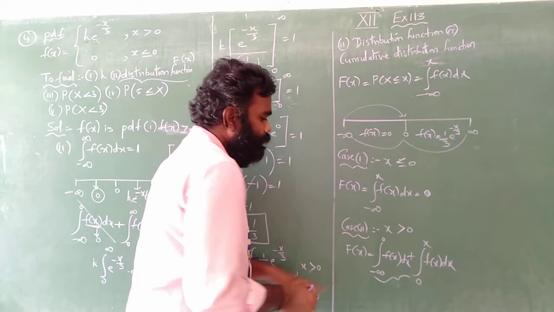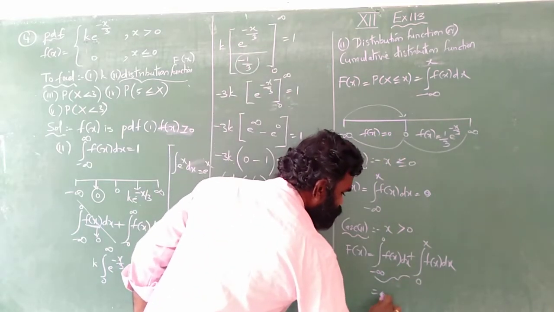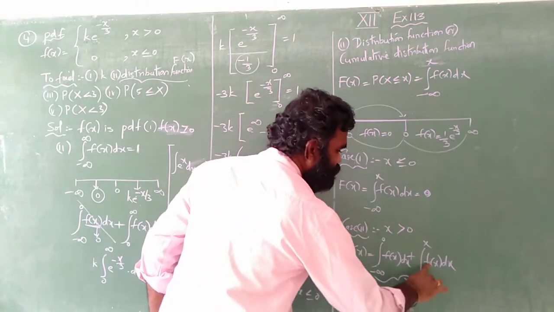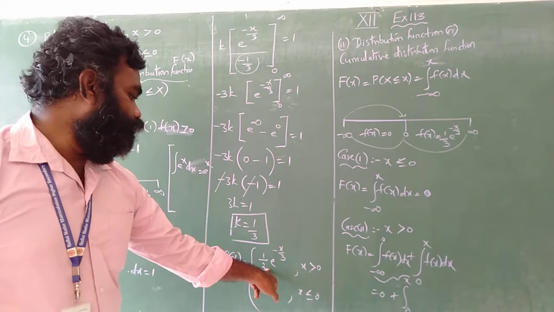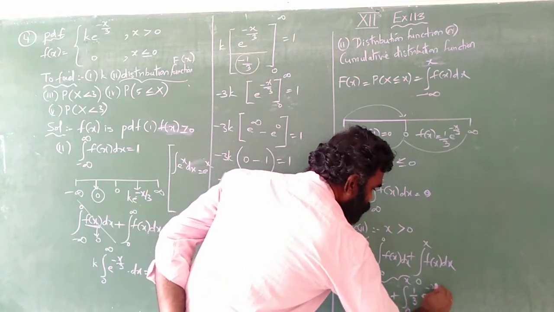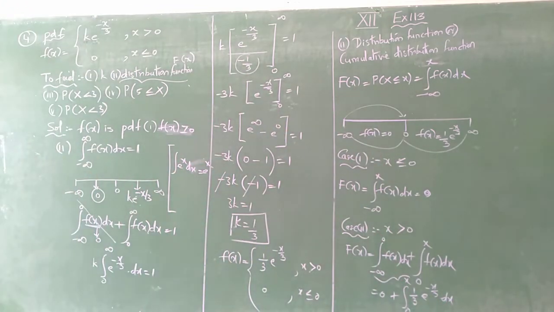Since from minus infinity to 0, f of x is 0, this will be 0. Plus here, 0 to x. What is f of x here? 1 by 3 e power minus x by 3 into dx.